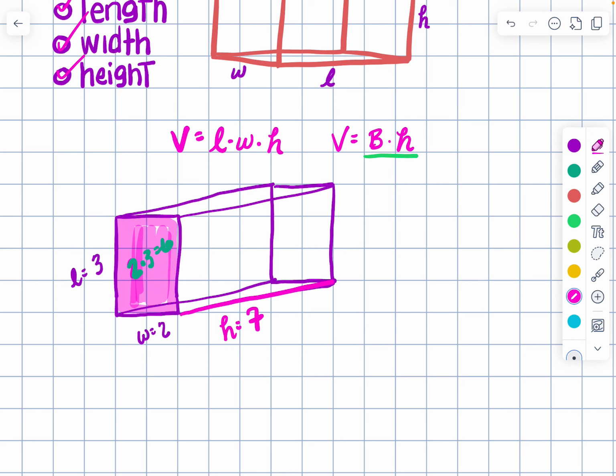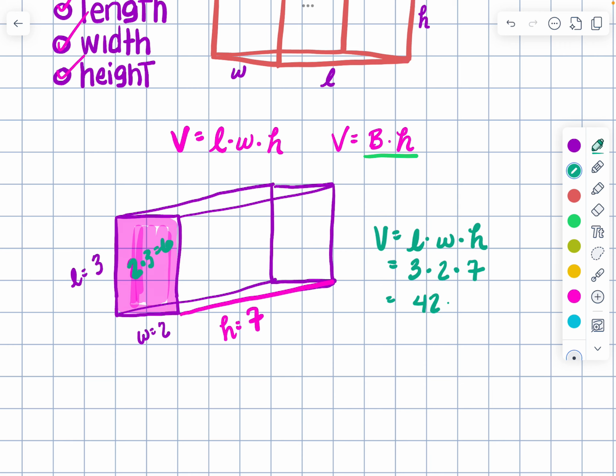So I'm going to call that H, and that's 7 units. Okay, so let's use this first equation. Volume equals length times width times height. I always write this out, and then I plug my numbers in right below it so I know exactly what I'm doing. So the length is 3, the width is 2, and the height is 7. 3 times 2 is 6, and 6 times 7 is equal to 42.